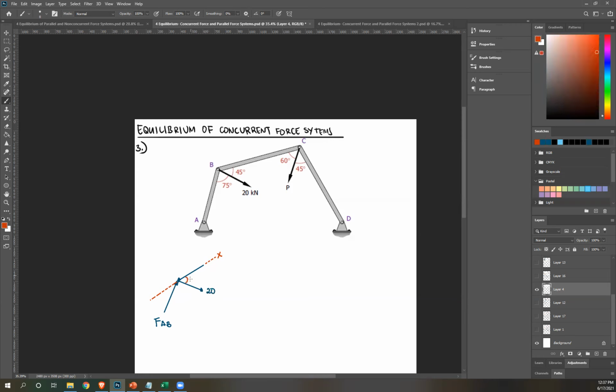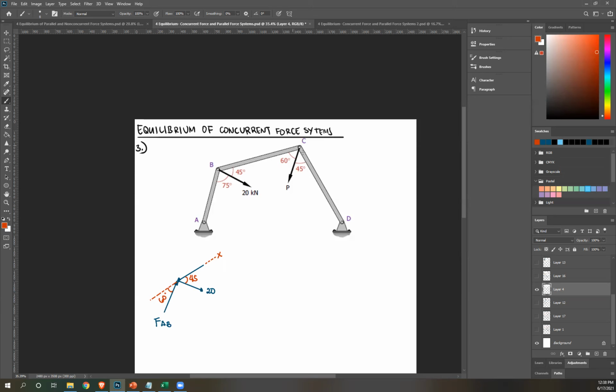Again, this is 45, and then this is 75. But again, I need the angle from the x-axis, which is this. So this is 75, this is 45. If you remember from your math, the angle of a horizontal line is 180. Therefore, this entire thing is 180. If this is 45 and the middle is 75, so 180 minus 45 minus 75, you get this angle, which is equal to 60. So 60 degrees. So now I have the free body diagram of joint B.